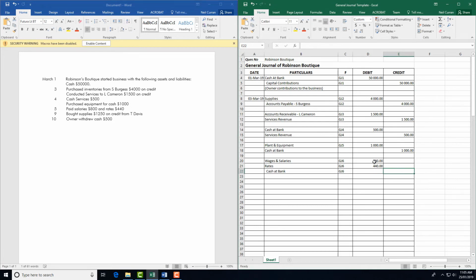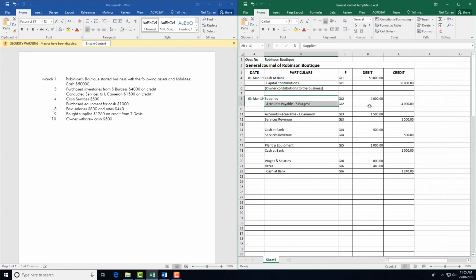Now, easy way to actually add these up is to use the sum function over here. Highlight what you want to add up and press enter. Second last journal, bought supplies on credit. So that basically means the same type of journal which we had on the 3rd of March.